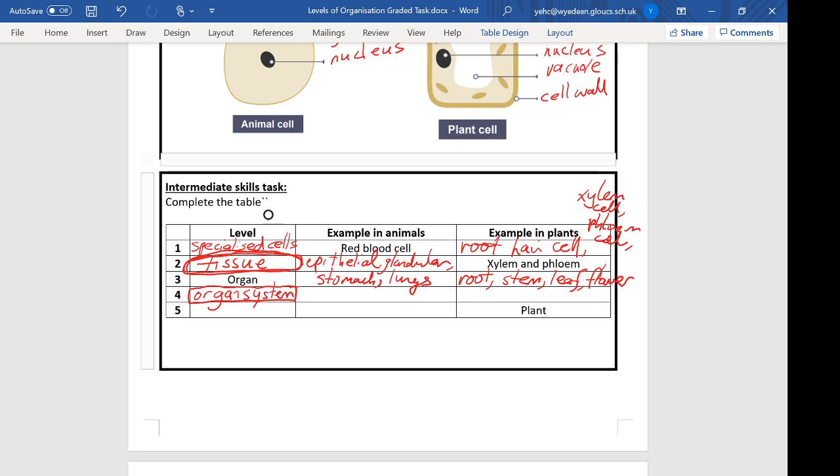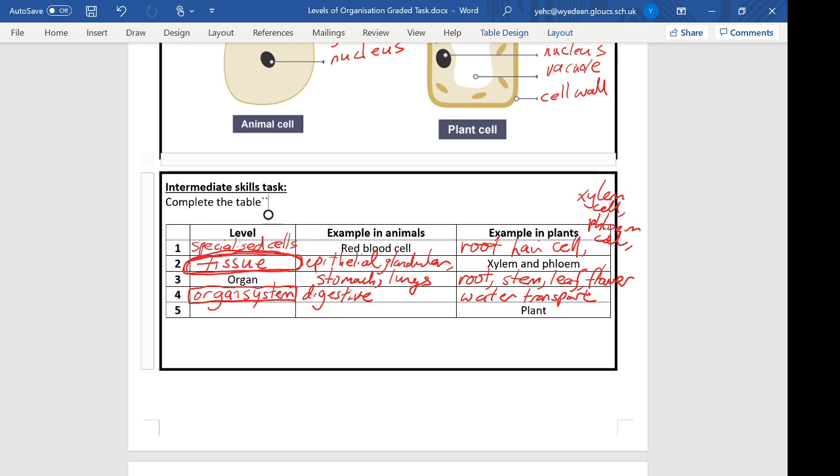We talked about some ones in animals, digestive. With plants, it's a little bit difficult. You did talk about it when you did your cells topic, but for like water transport system, which is sort of like the plant circulatory system in a way.